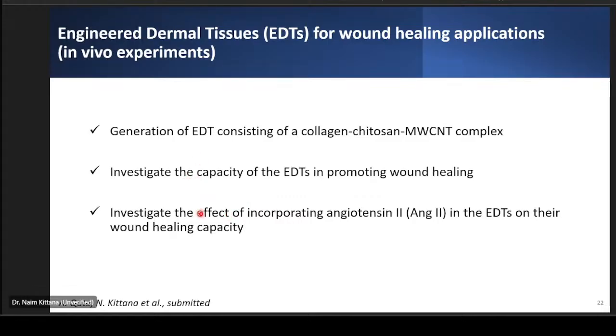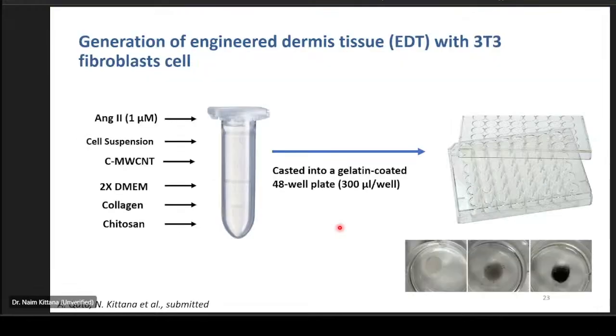But at this point, we thought of also incorporating a growth factor like angiotensin II, because angiotensin II has been shown to be involved in wound healing, not only in cardiovascular diseases and the regulation of blood pressure, but it's also involved in the behavior of fibroblasts in the skin. So we thought maybe adding angiotensin II could also be beneficial.